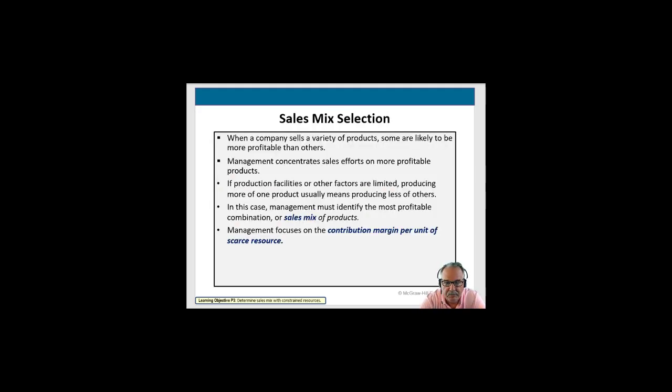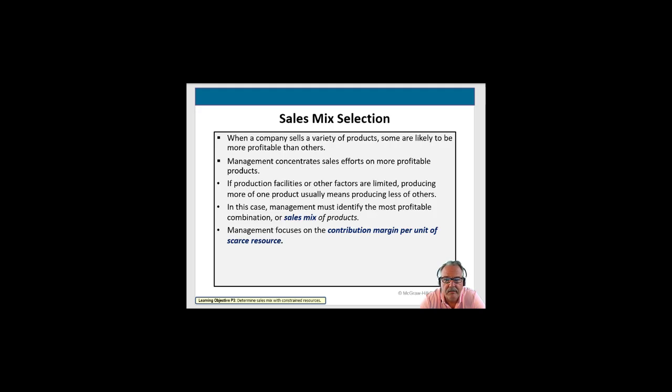We have sales mix issues. If we have a limited commodity or a limited resource, like a piece of machinery or even labor, where we have to decide, do we make this product or that product?